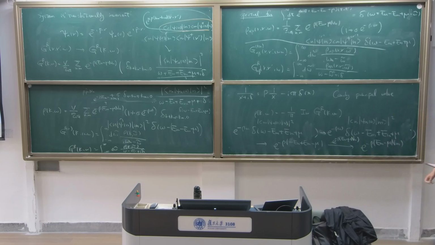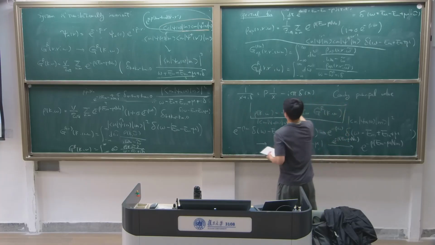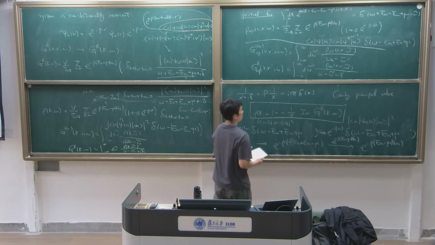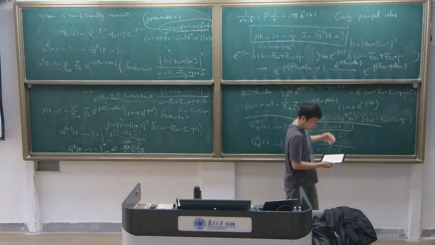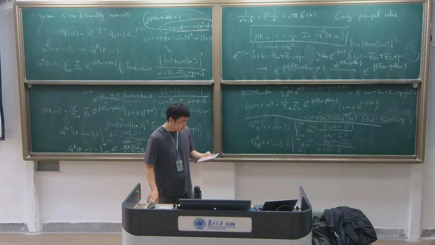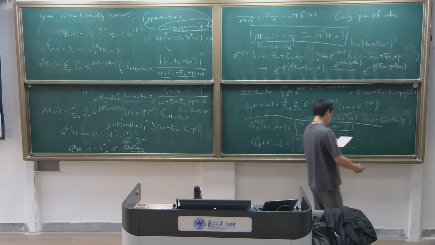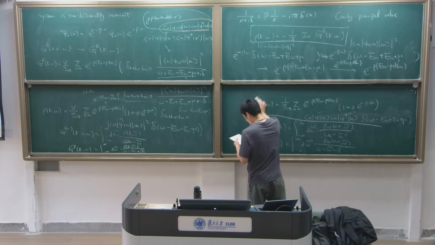That's how you get it. Okay, so then everything is possible, so you can derive this. Fine. Okay. So the spectral function is just the imaginary part of the retarded function.